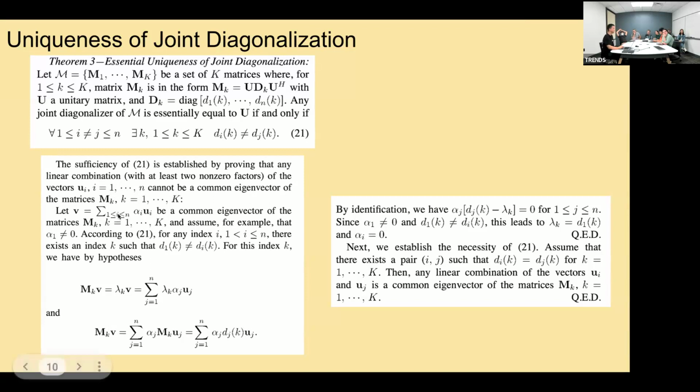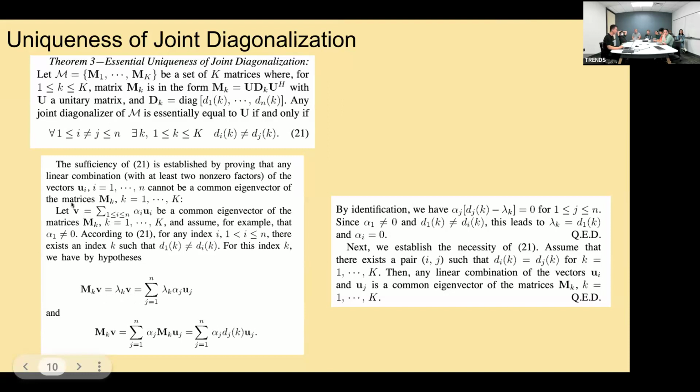How to prove that: they assume there exists a linear combination of the rows of the unitary matrix, which is V, and consider it as a common eigenvector. No matter which matrix from the M it is, it equals lambda K, the eigenvalue, times the eigenvector. It's just an eigendecomposition.